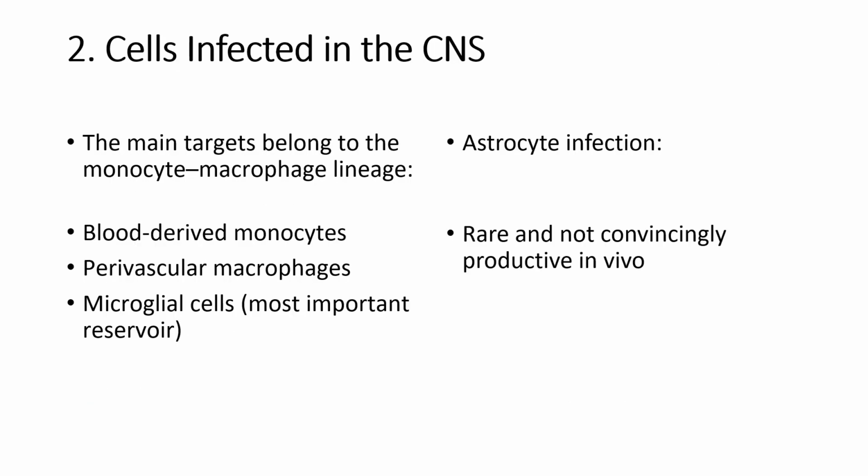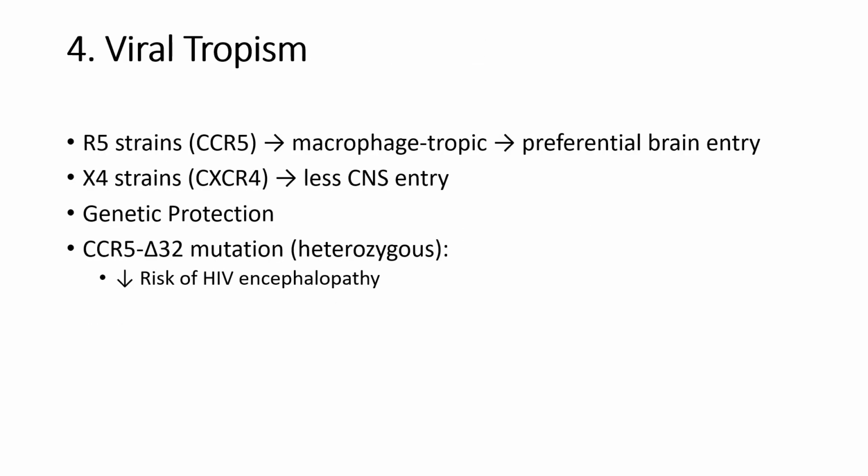Coming to cells infected in the CNS, the major target belongs to the monocyte-macrophage lineage, that is, blood-derived monocytes, perivascular macrophages, and microglial cells, which are important reservoirs. Astrocyte infection is rare, but not convincingly proved.